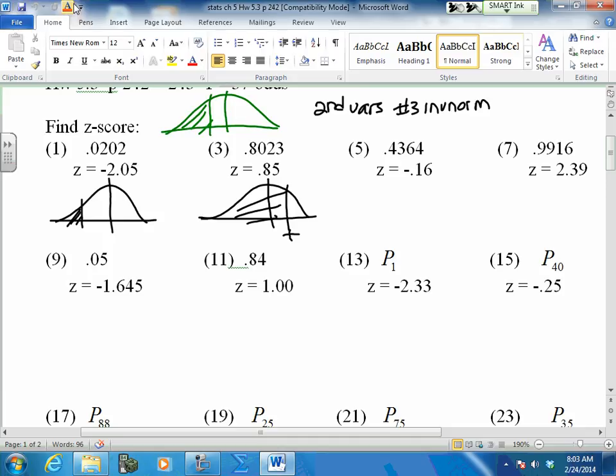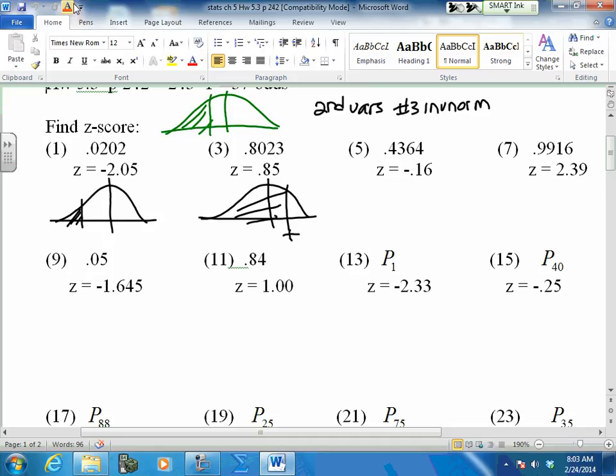But if you get the position of it by sketching, you know whether your z-score is positive or negative. It gives you a good feel. This one is less than 50%, so it's got to be negative. More than 50%, positive.